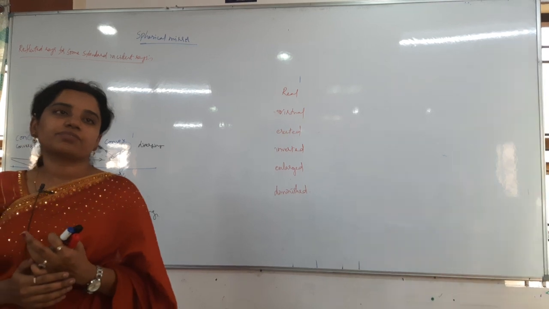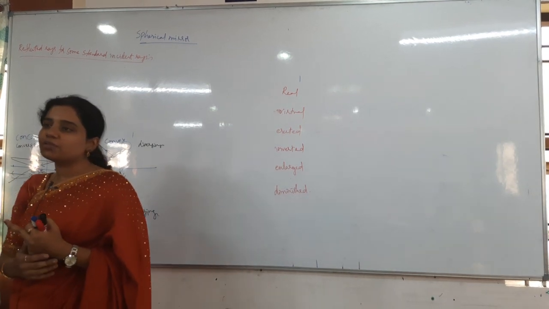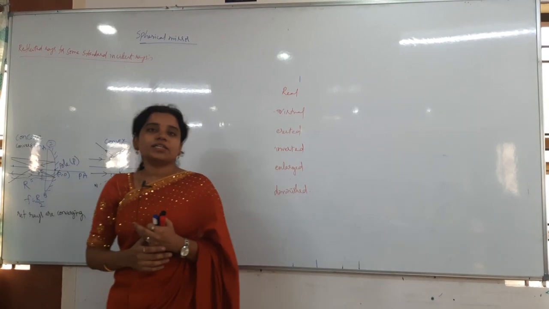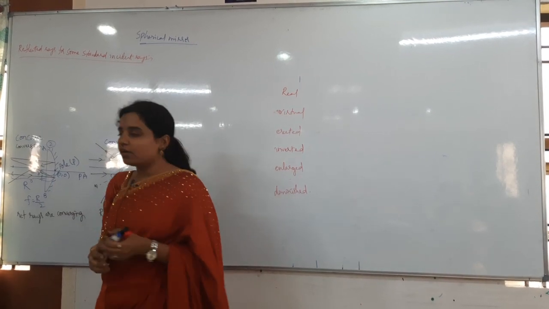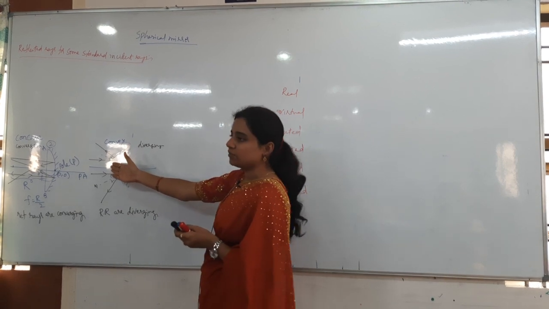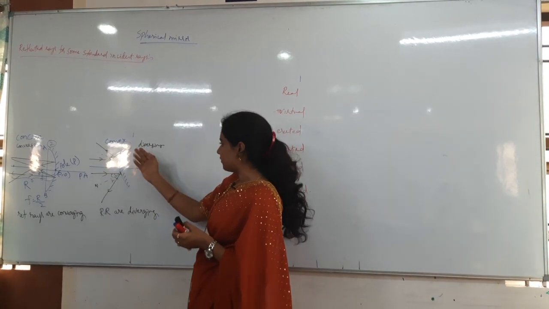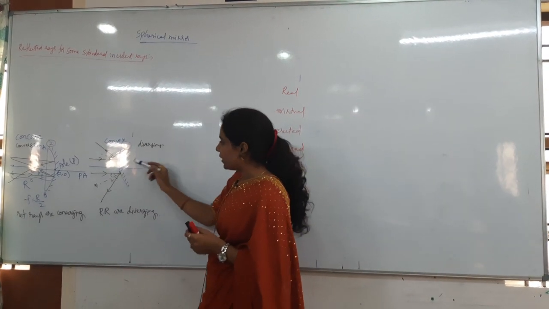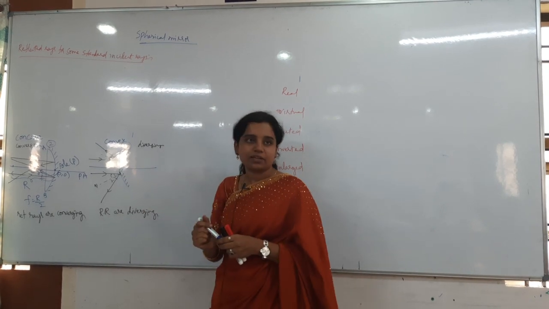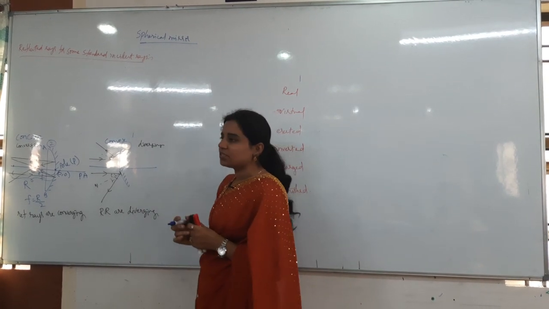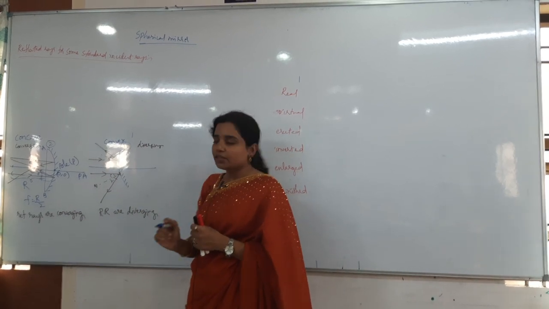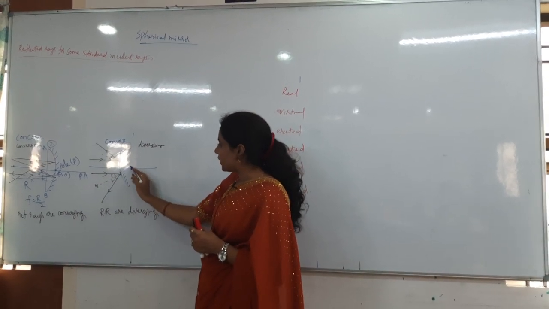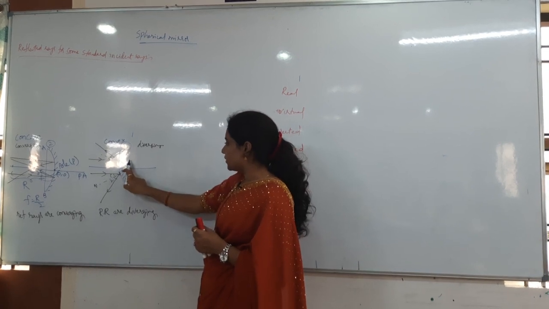Virtual image. What is the virtual image? Intersection of extended reflected rays. For example, take this diverging mirror, where the rays are reflecting in this manner. There is no chance for intersection, so I have to extend them in the opposite direction.